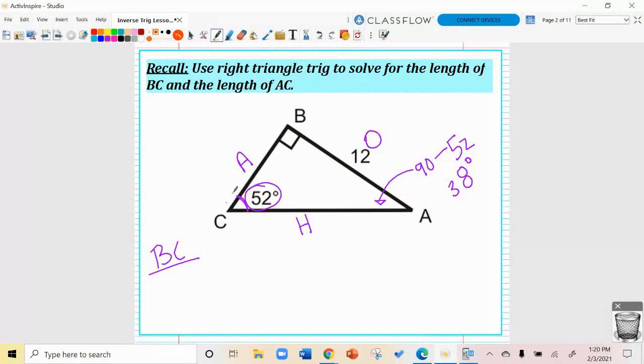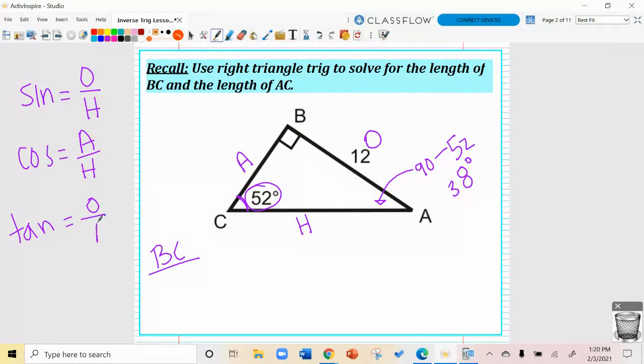BC is this side right here, where I have the A. So I know O, right? Let's write these. Sine is opposite over hypotenuse. Cosine is adjacent over hypotenuse. And tangent is opposite over adjacent.